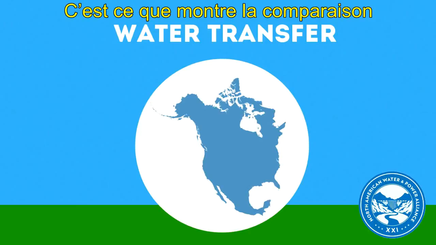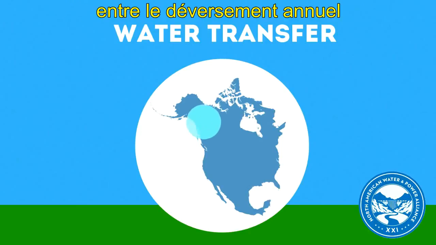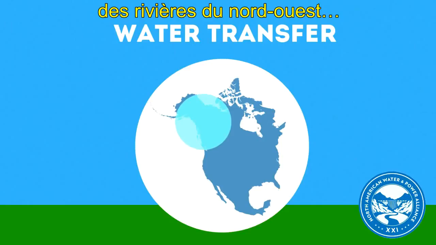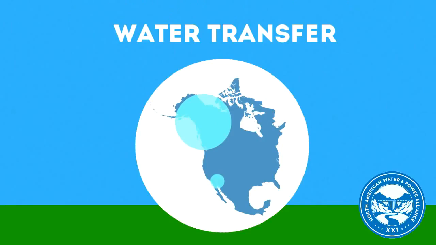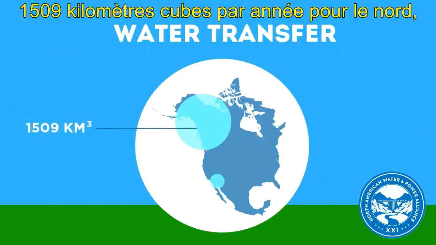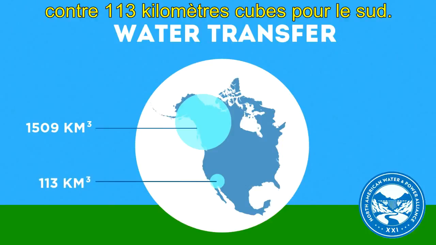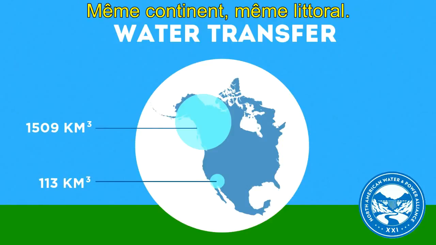This can be seen when comparing the average annual discharge of the rivers of the Northwest with the average annual discharge of the rivers of the Southwest. That's 1,509 cubic kilometers per year for the North versus 113 for the South. Same continent, same coast.